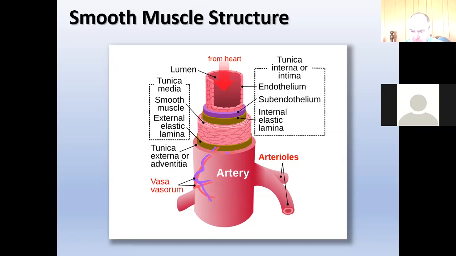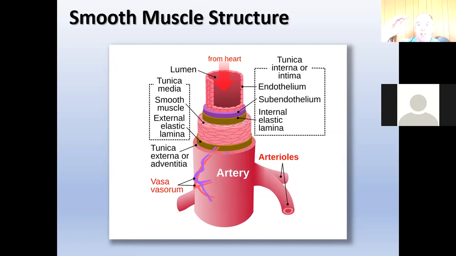The law of Laplace is a complicated mathematical formula, but in the end, it says that the flow through the vessel is related to 1 over the radius to the 4th power.